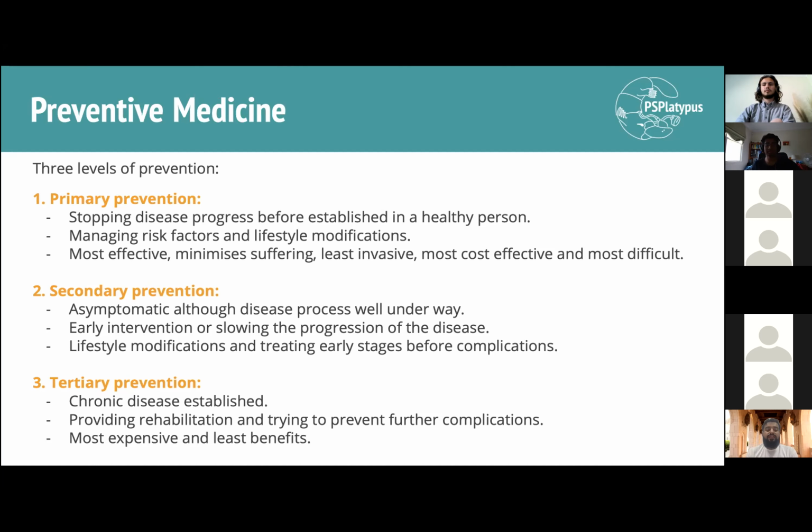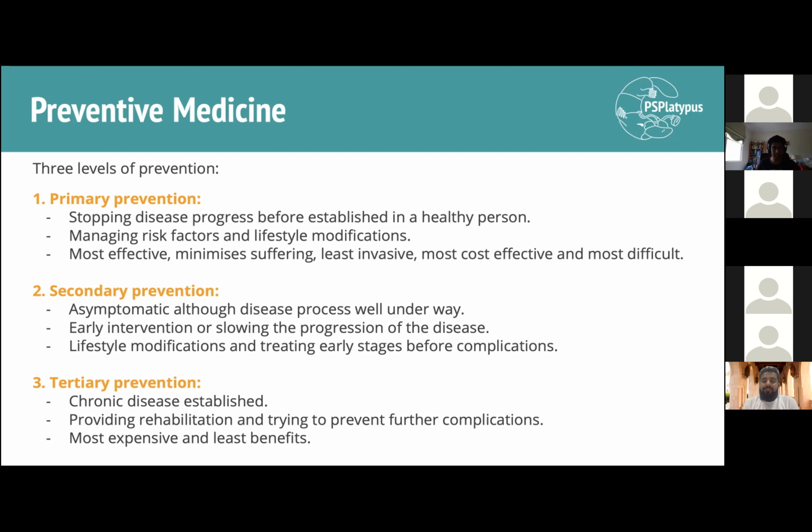Then we have secondary prevention. Now the disease has occurred, but it's asymptomatic, though the disease process is underway. This can be achieved by early intervention and slowing the progression of the disease, through lifestyle modifications and treating early stages of the disease.